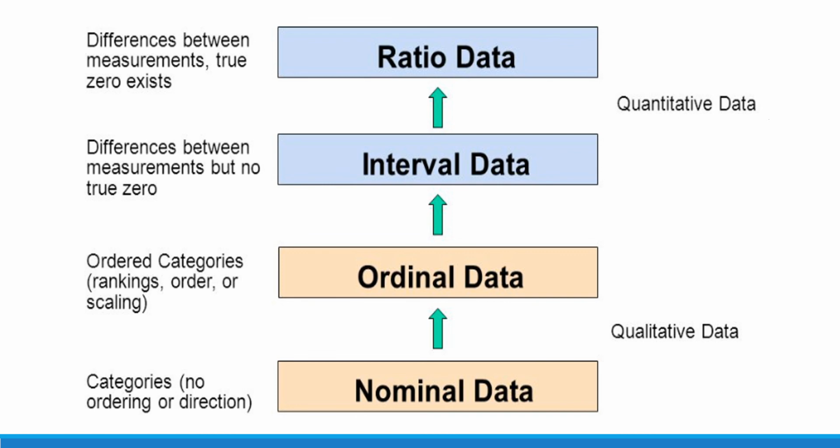In interval data, the differences between measurements are recognized. So if we are describing the temperature, we can say that 50 degrees is greater than 40 degrees, but we cannot say that the interval between 50 and 40 equals the interval between 40 and 30.